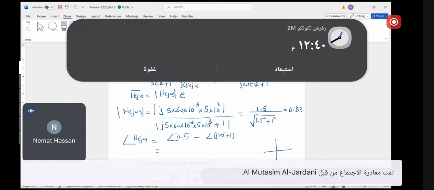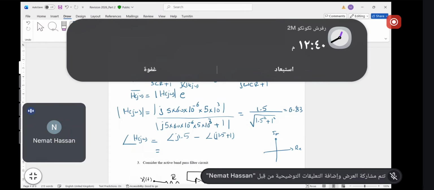Remember the angle is based on the real-imaginary plane. If the number is purely imaginary and positive, it's here, which means the angle is 90 degrees. So the first part is 90 degrees minus the angle of the second part, where we follow the rule of tan inverse imaginary over real. Which is equal to what? Tan inverse 1.5 is what?